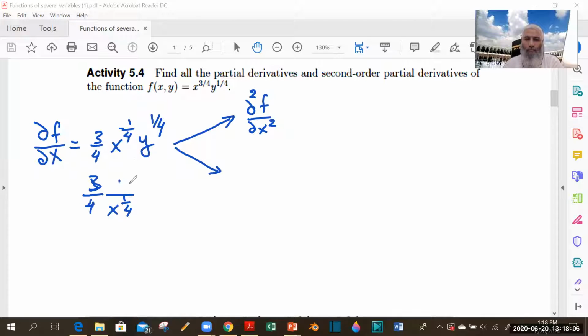Here we have x with a negative power, but this form is easier for us, this form is better for taking derivatives. Now we will take the derivative again with respect to x.